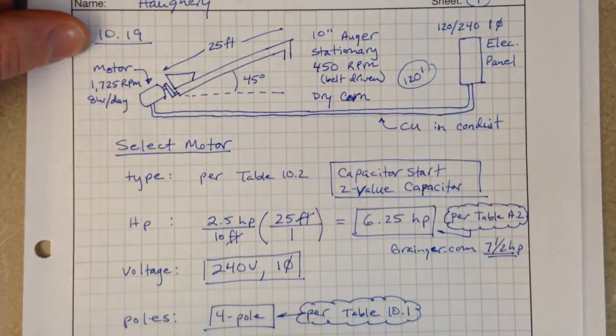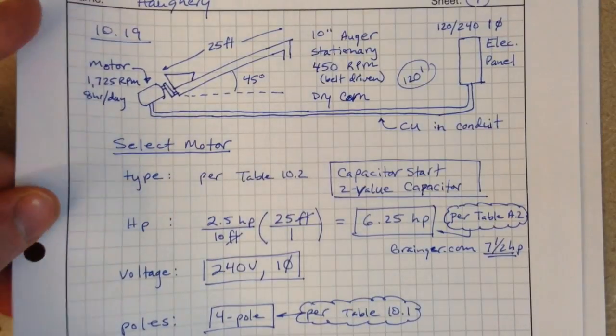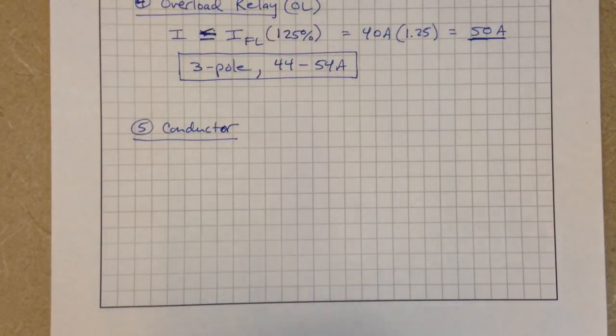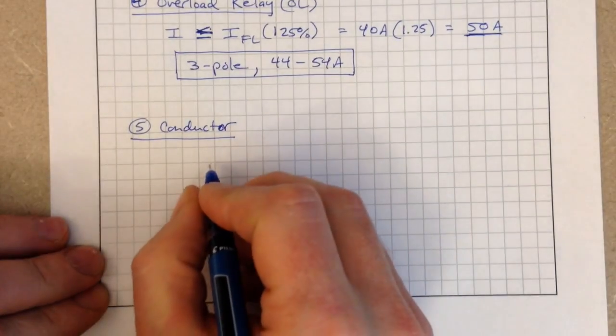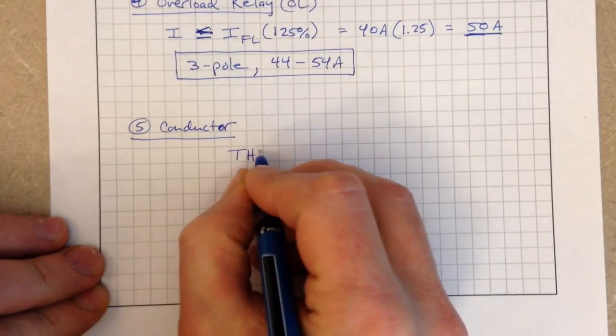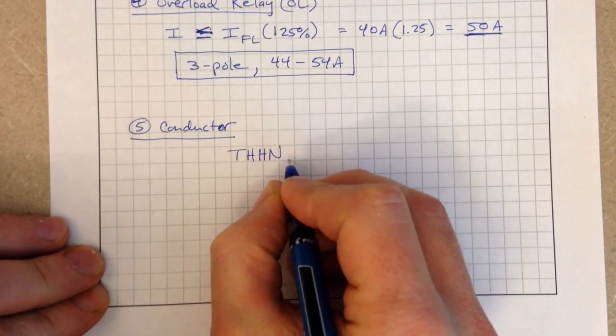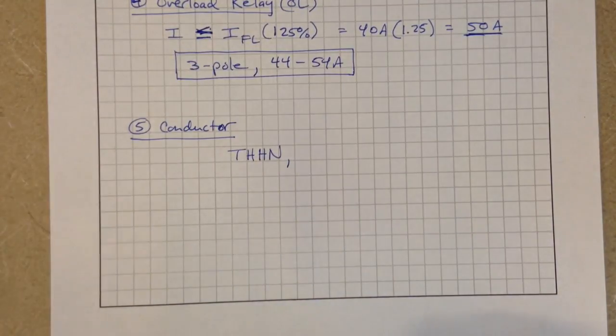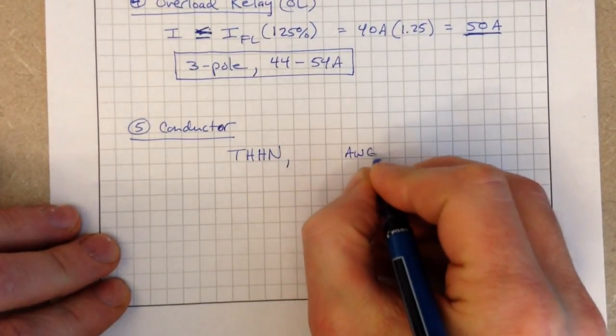So that's going to be our THHN, right? THHN is the kind of conductor you want to put inside conduit. So we're going to go with THHN. The next question is, what gauge? What's going to be our gauge?